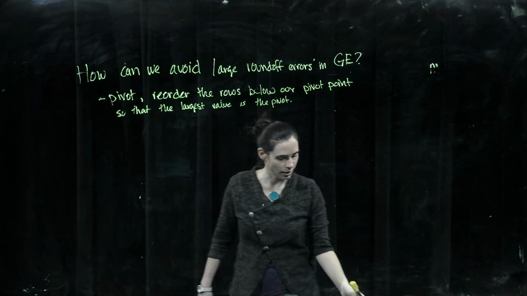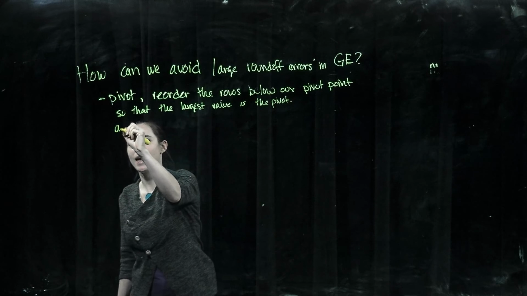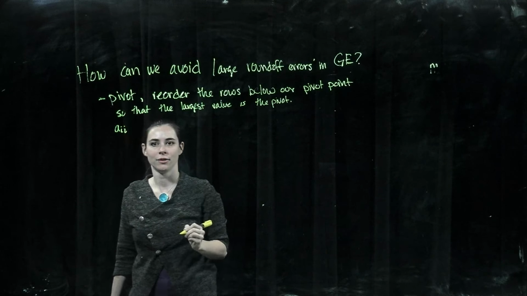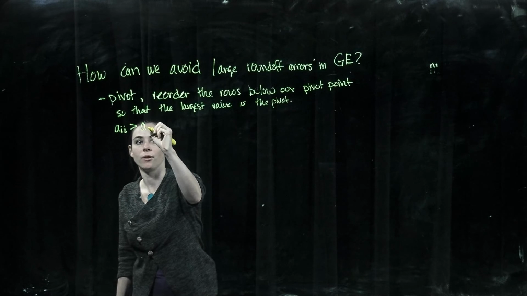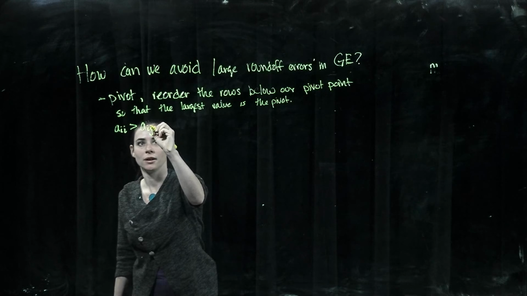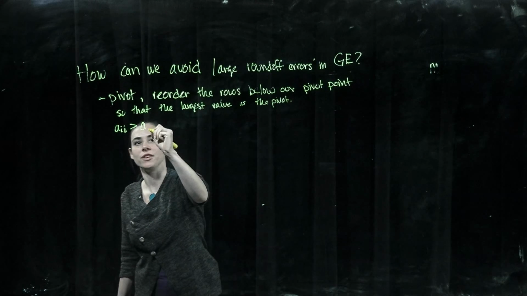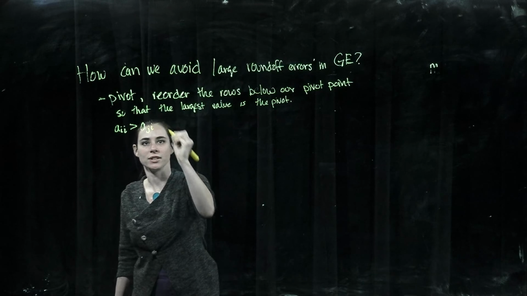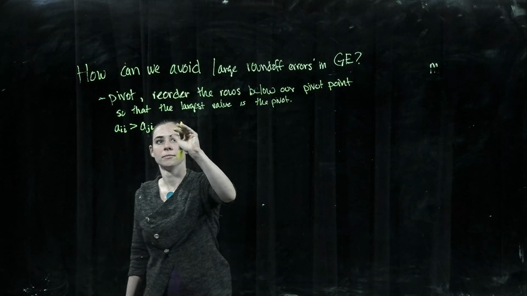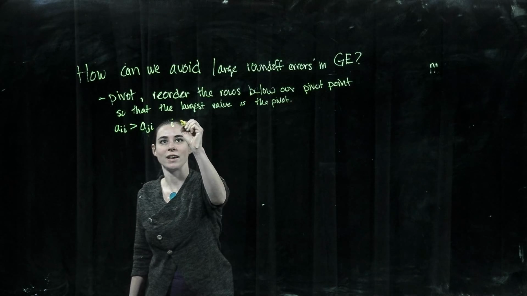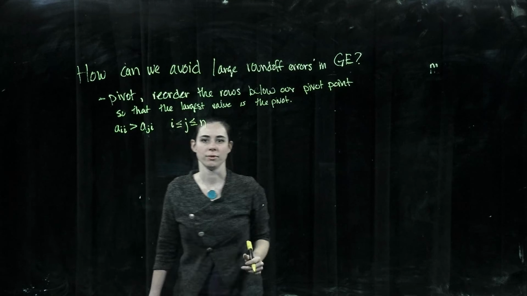Okay? And so we can write this as saying, we want A_ii, our pivot point, to always be greater than all of the entries that are underneath it. So that's going to be from the j's that are from i, the pivot point, to the end of the matrix.